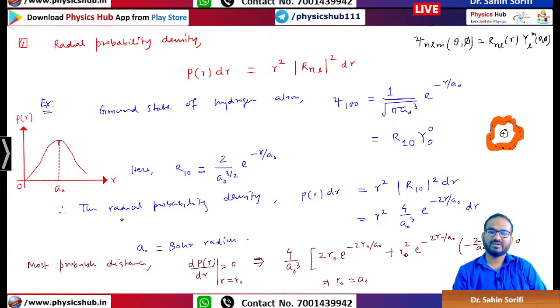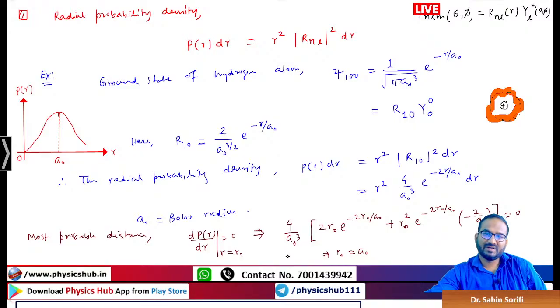So for a radial probability density, we only need to consider the radial part, along with r square. r square must be multiplied. For simple probability density, we go with the wave function psi.